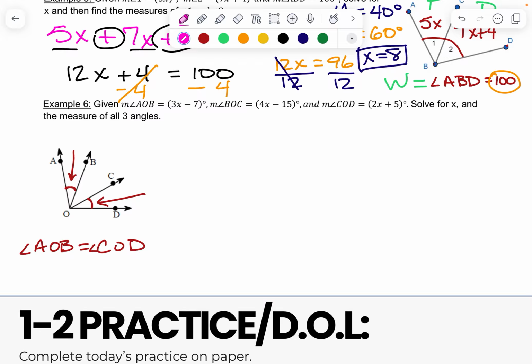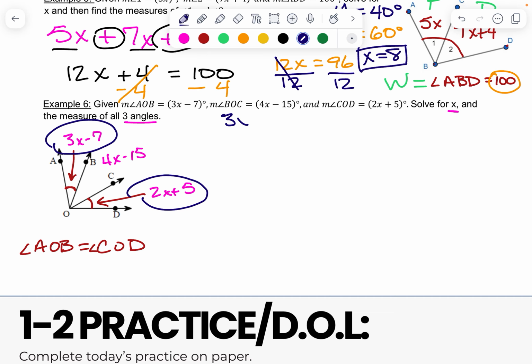So now the problem starts by telling us that AOB is 3x minus 7, BOC is 4x minus 15, COD is 2x plus 5. It says solve for x and find the measure of all three angles. So we can solve for x because we know that these two equal each other.